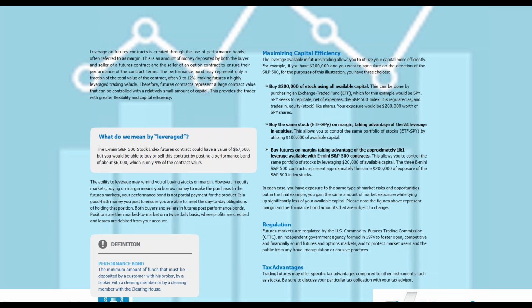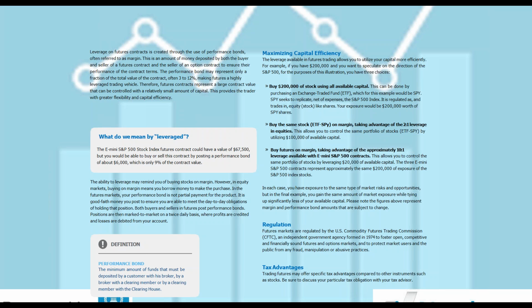The performance bond may represent only a fraction of the total cost of the contract, often 3 to 12%, making futures a highly leveraged trading vehicle. Therefore, futures contracts represent a large contract value that can be controlled with a relatively small amount of capital. This provides the trader with greater flexibility. So it allows you to maximize capital efficiency.